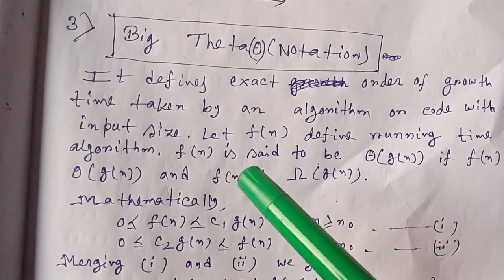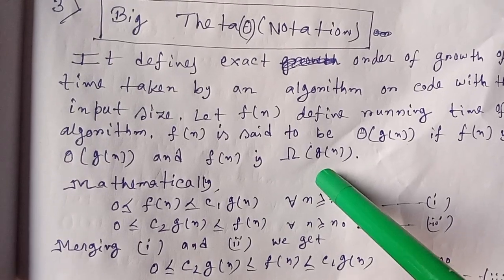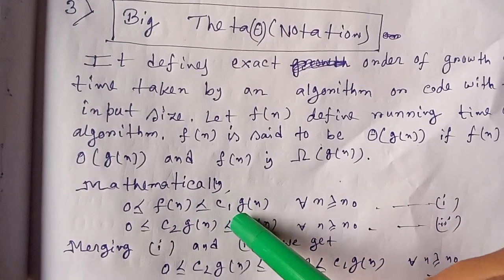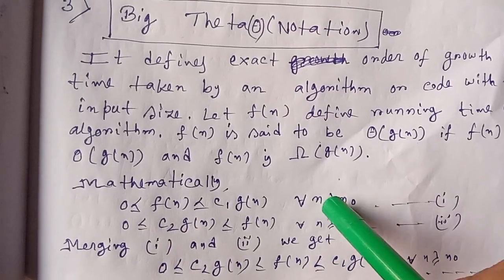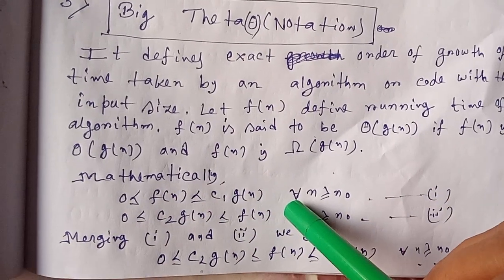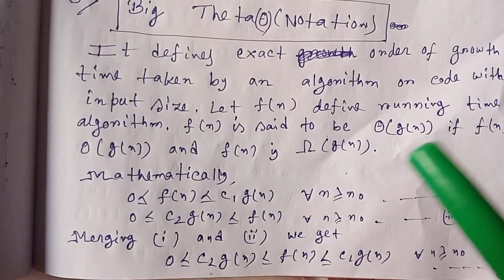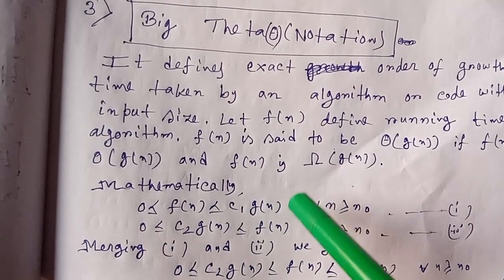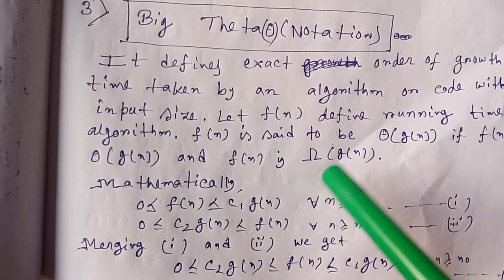Both should be satisfied. Now, mathematically we can say 0 ≤ f(n) ≤ c1 g(n) for all n ≥ n0, equation 1. We also studied this equation previously in our big O notation. This equation means that f of n is big O of g of n.